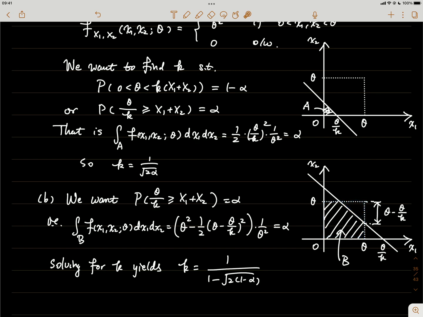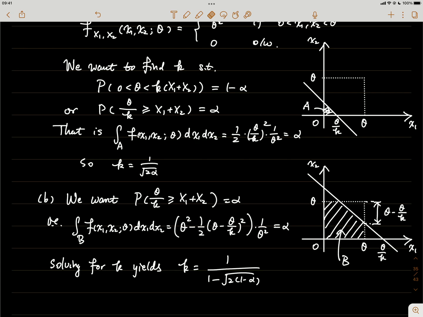To figure out the size of the triangle, we just need to notice that this line here is equal to this line. Sorry, it should be this.